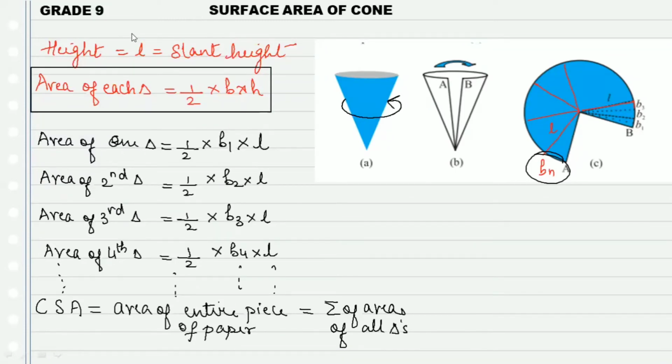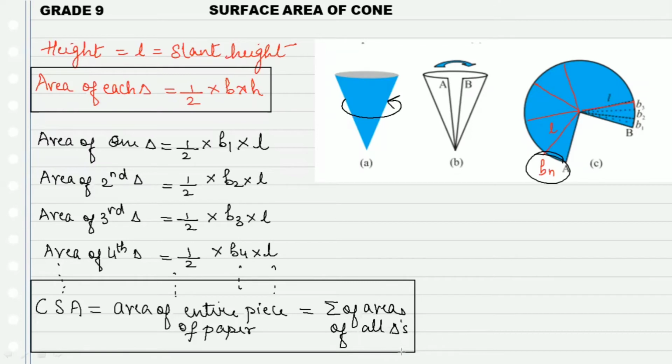Just pay attention again. अगर हमें curved surface area find करनी है, तो ये जो curved surface area है आपका, this curved surface area is actually the area of the entire piece of paper, or entire sector we can say, or else the summation of areas of all the triangles, right?